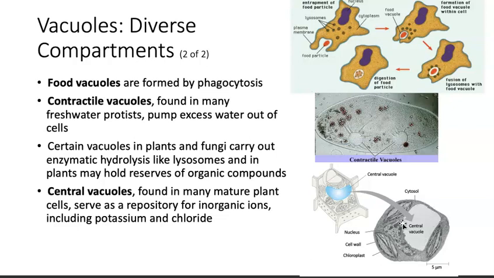Right here, the central vacuole can be one of the largest structures that you see inside of a plant cell, especially if that plant cell has just been watered or something along those lines. Central vacuoles hold inorganic ions like potassium and chloride, as well as lots of other things like pigments. Flowers have different colors, and the pigments that make those colors are held inside the central vacuole.